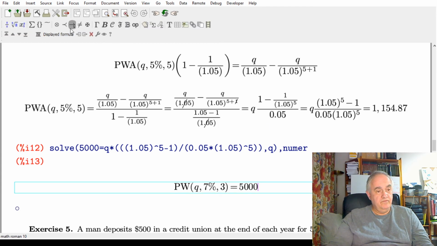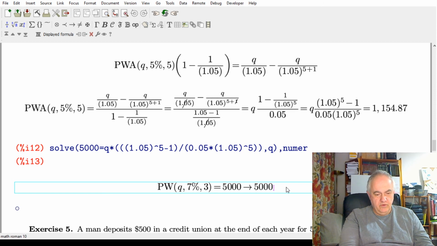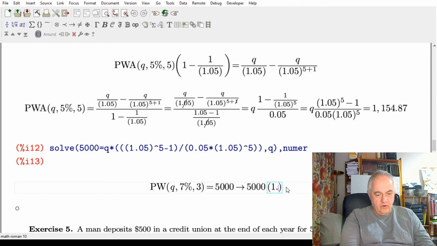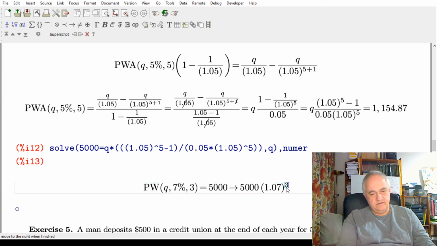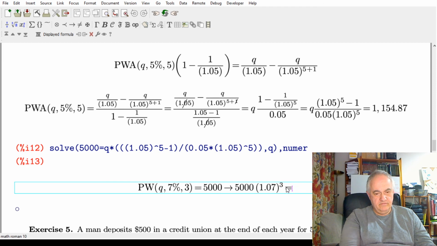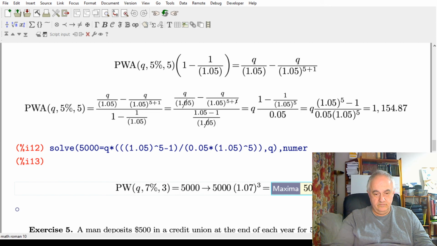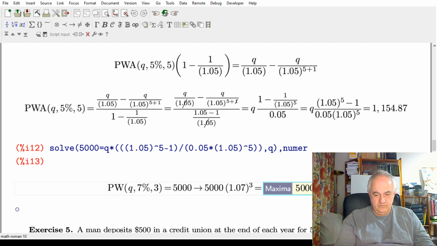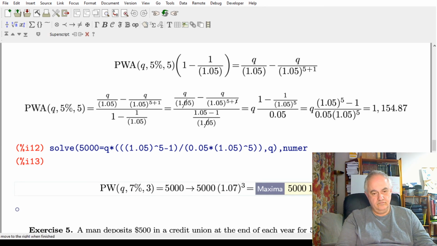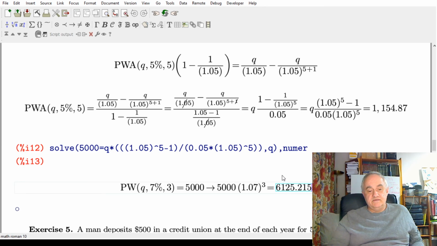We can do it here. We already know that the 5,000 now multiplied by 1.07 during 3 years, in this case, will be transformed into this amount.